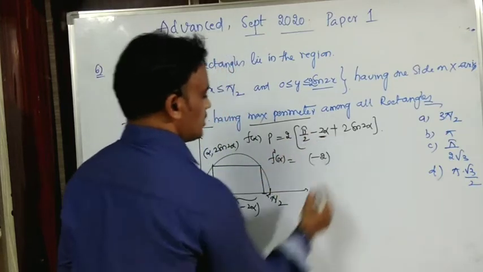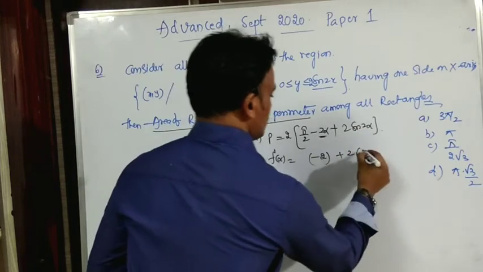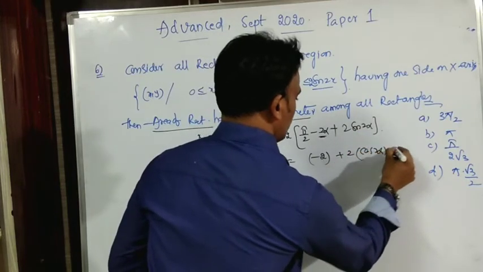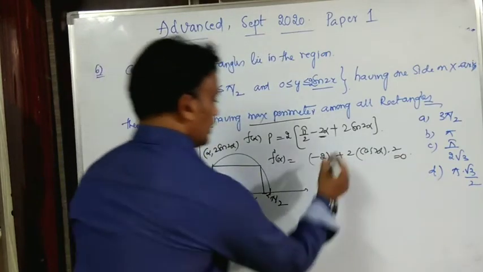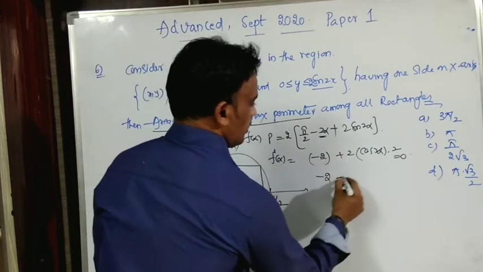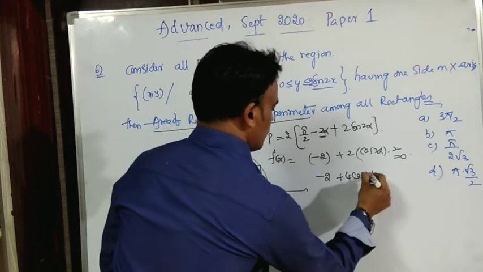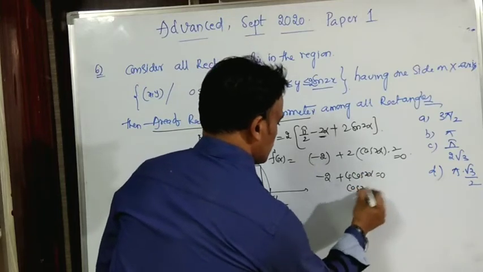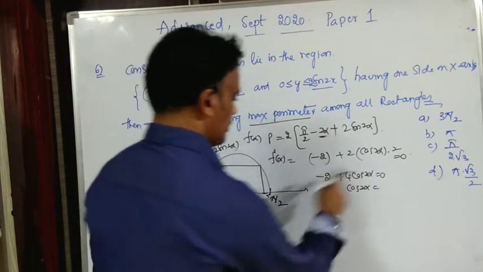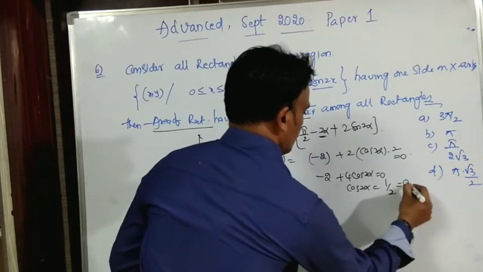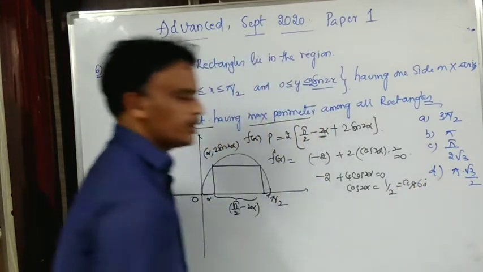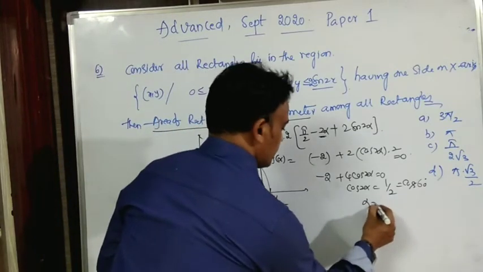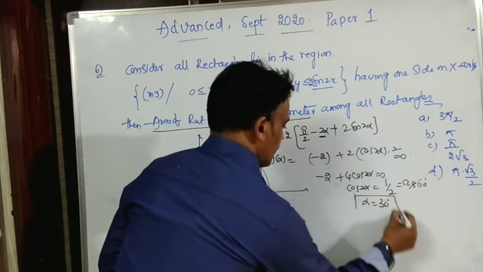This derivative is minus 2 plus 2 into sin 2 alpha derivative, cos 2 alpha with 2, which is equal to 0. That is minus 2 plus 4 cos 2 alpha equals 0. So cos 2 alpha equals 2 by 4, 1 by 2. It is cos 60 degrees, 1 by 2. 2 alpha is 60, alpha is 30 degrees.